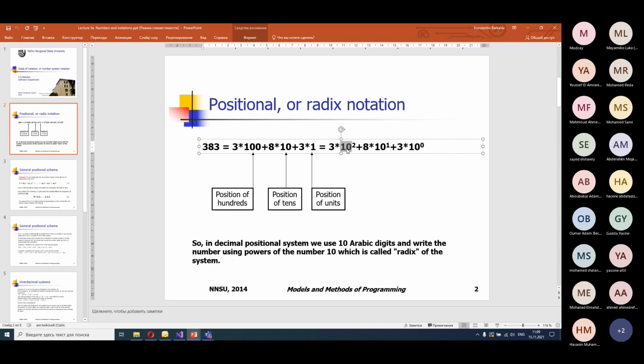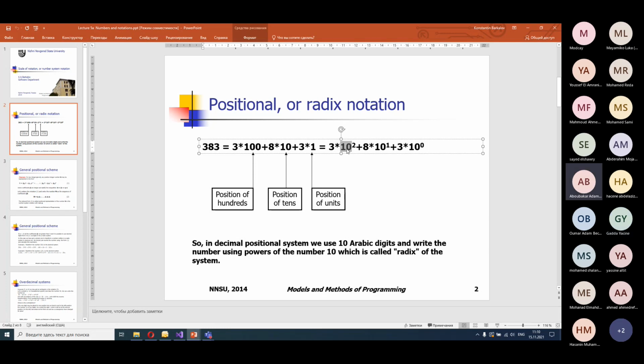So this is one hypothesis about this system of notation: people have 10 fingers, and that's why people use 10 as a radix of notation.